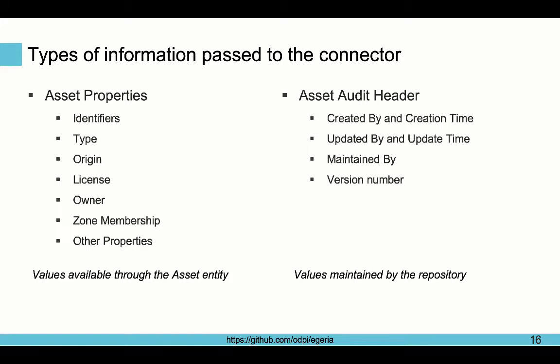And then in addition, there's an audit header that comes from the repository that is tracking who is working on that asset. So with the audit header, you can understand which users have actually made changes to that asset. And this was how we could do the separation of duties and prevent Peter from changing the zone of the asset by removing quarantine.